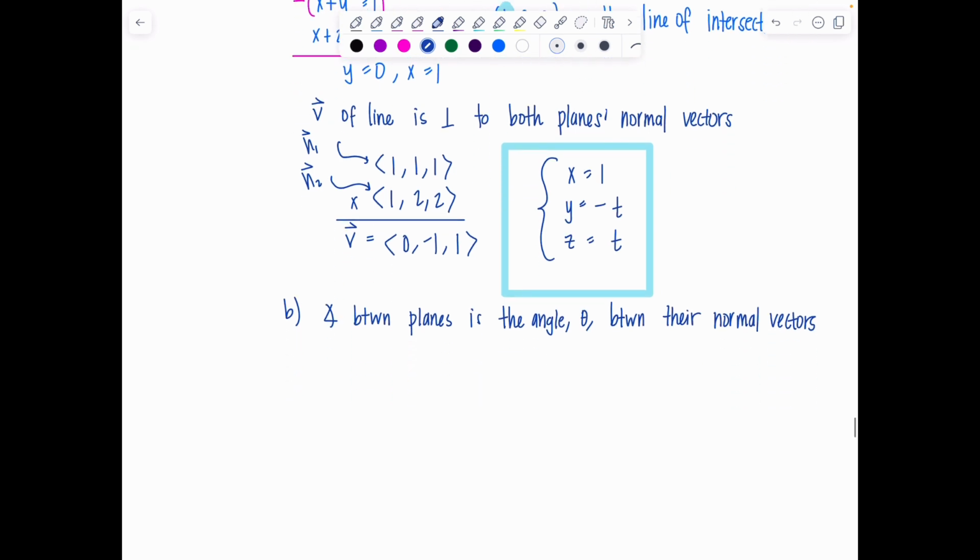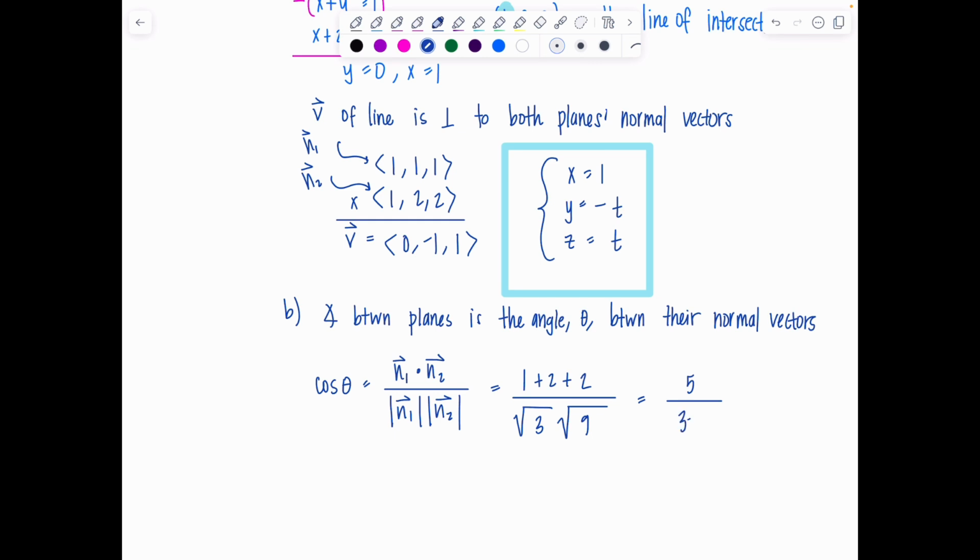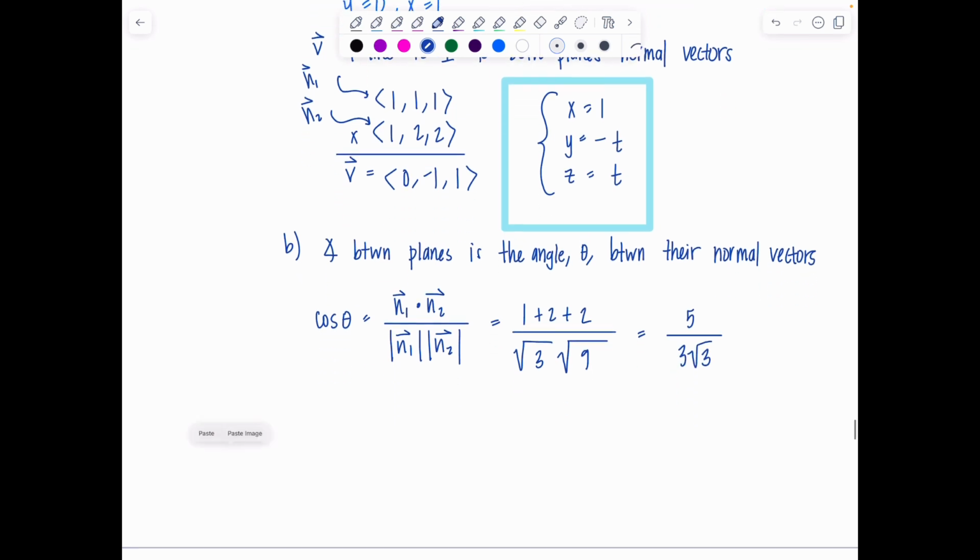So cosine theta, here it is, our most useful formula, equals n1 dotted with n2 over magnitude n1 times magnitude n2. So let's see, their dot product is going to be 1 plus 2 plus 2, over square root of 3 times square root of 1 plus 4 plus 4, that's 9 again. So this is 5 over 3 root 3. And then theta is going to be cosine inverse of 5 over 3 root 3.